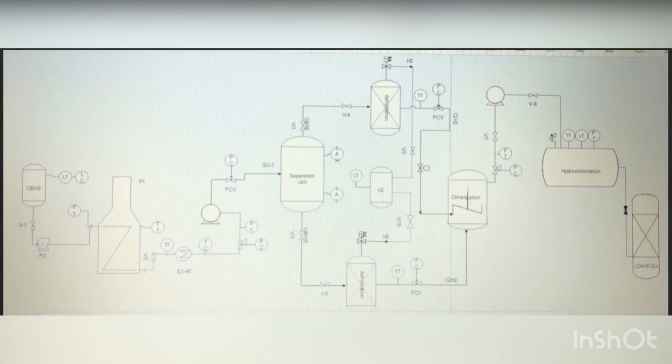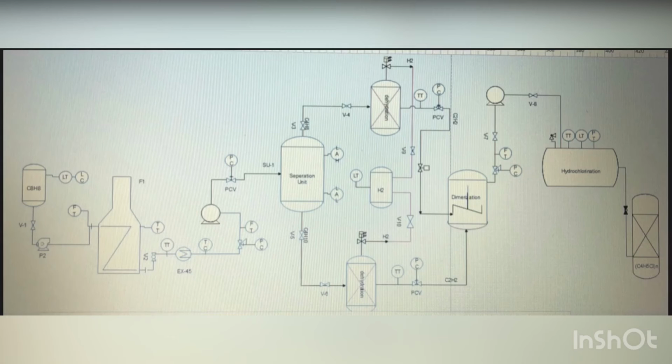In the separation unit they are divided into propane and propene. Propene is lighter than propane, so it goes into dehydration. And if we talk about propane, because it is heavy, it goes down into dehydration, where it goes to H2 and turns into C2H2, and they combine together, and from the upper and lower parts go into dimerization.